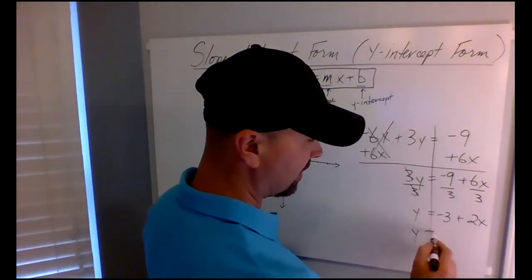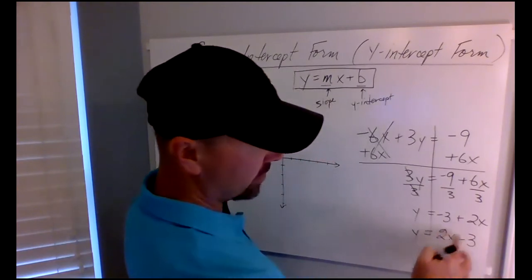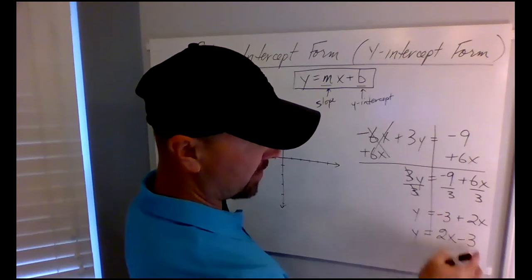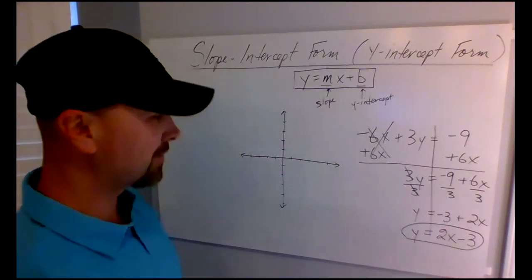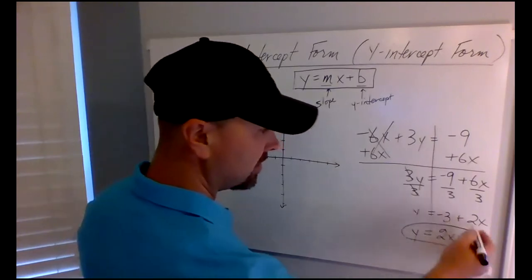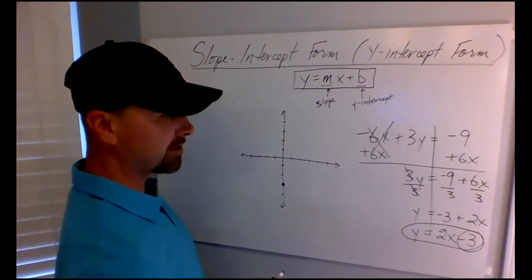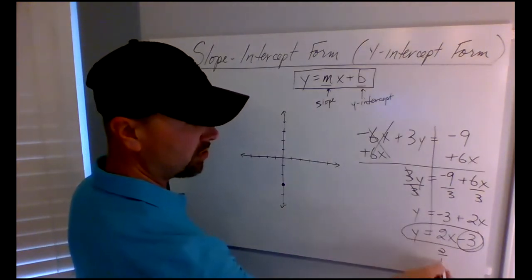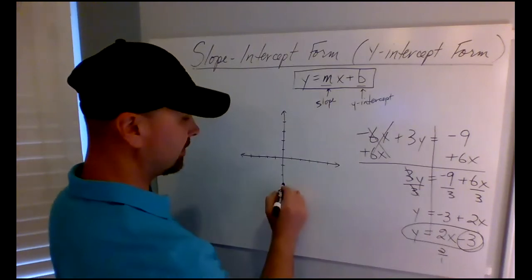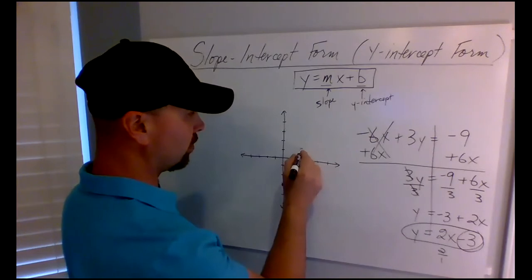If you want to flip it around into the correct order, the 2 is positive, the 3 is negative. So it becomes y is equal to 2x minus 3, in which we can start at the beginning. The y-intercept is negative 3. The slope is a positive 2, which has a 2 over 1 rise and run. Up 2 over 1, up 2 over 1.